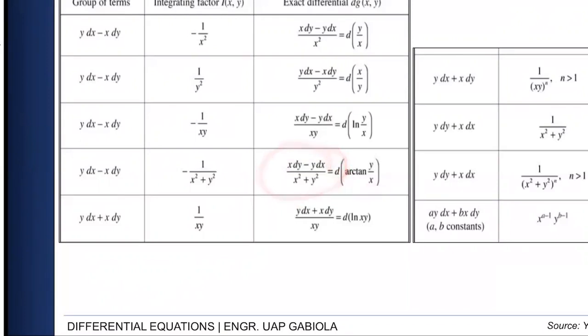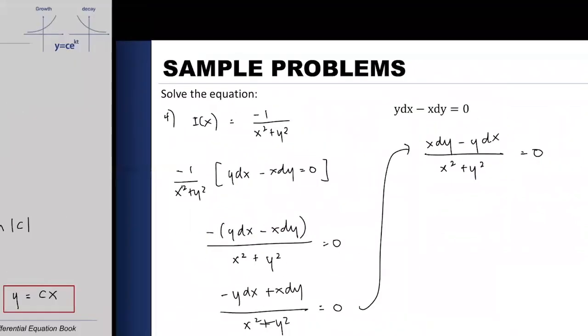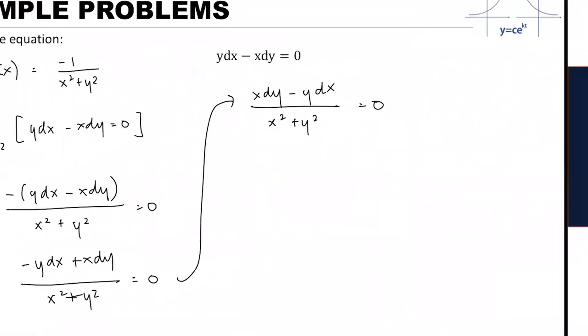So, let's check kung this is the same, no? So, let's try to crop this one out. Ayan. And then, go back dun sa previous slide natin. Ayan. So, ito. Okay? So, let's check if we have the same condition.